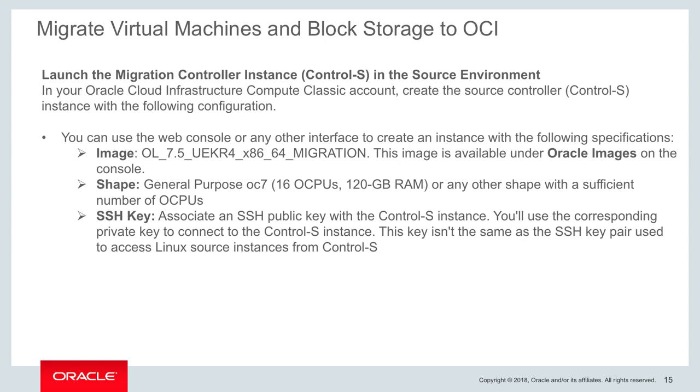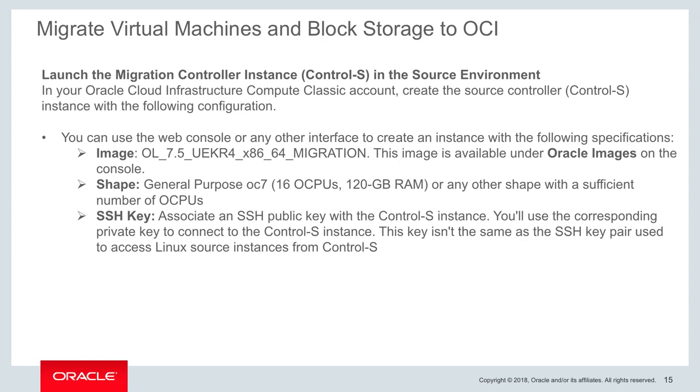You'll need to select the OL_7.5_UEK_R4_x86_64_migration image, which is available under Oracle Images on the console. We recommend that you select the general purpose OC7 shape or any other shape with a sufficient number of OCPUs for the migration.